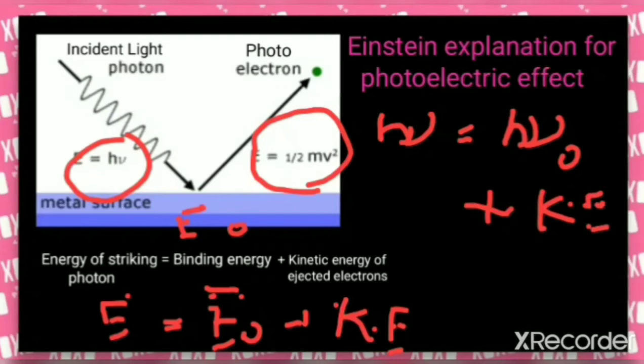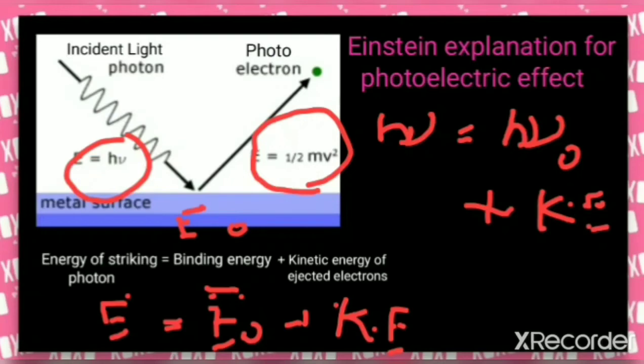So we get the formula h nu equals h nu 0 plus kinetic energy. Here h nu is the energy of the incident photon, and h nu 0 is the binding energy, that means the energy utilized in order to eject the electron, and the rest of the energy will be kinetic energy.